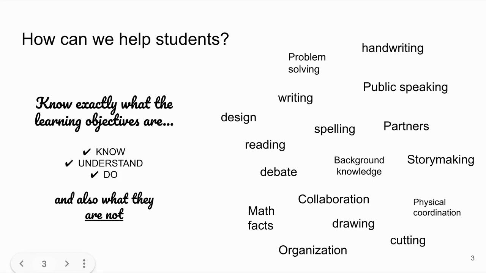These might be concepts or relationships. And you need to be clear about what you want students to be able to do. These would be skills or approaches, maybe algorithms in math, maybe applying certain editing skills when they're writing. You need to be clear about this so that you can be absolutely clear with them about it.